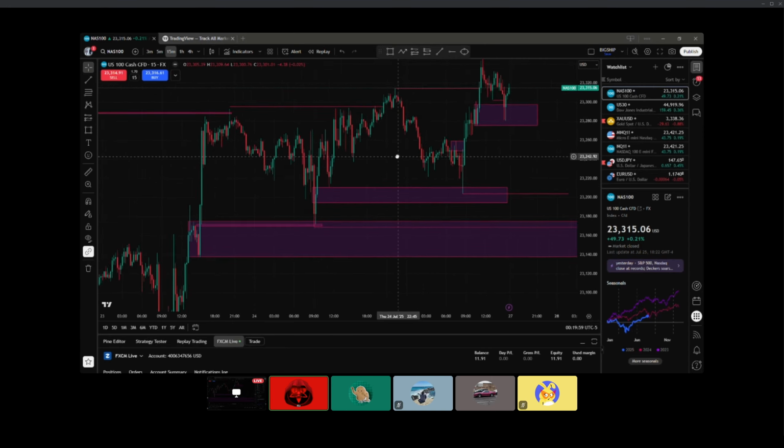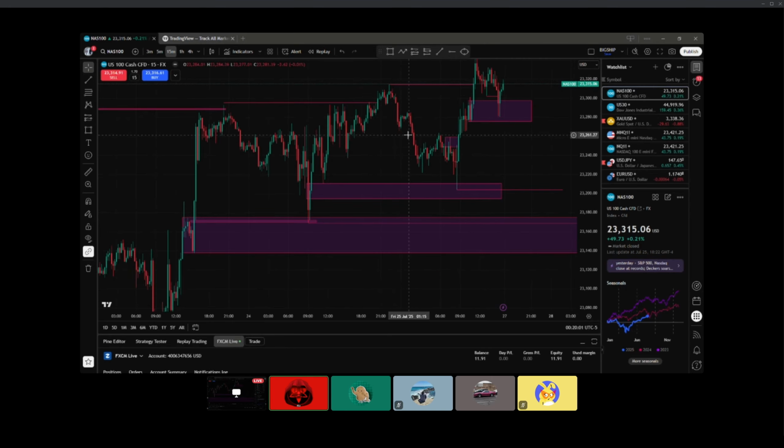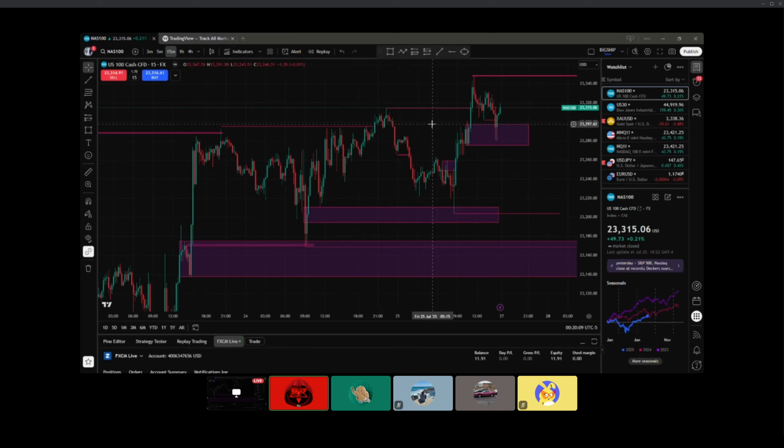Because it's printing and breaking lows, some may consider this a break of structure, which it's not. And this is what's messing me up.